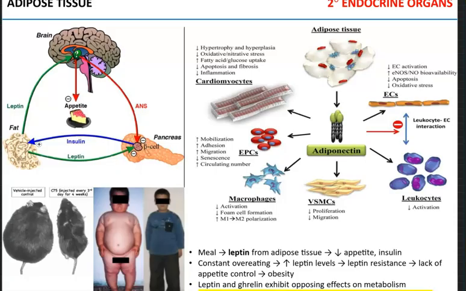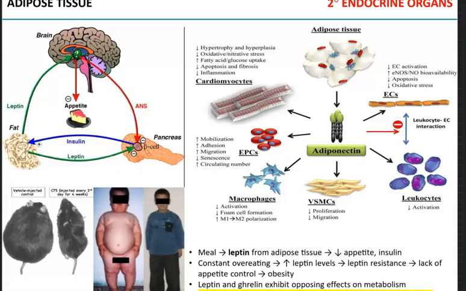It's weird in many ways from a hormone standpoint, but it is a hormone. Adiponectin is low in people with metabolic disorders, type 2 diabetes or obesity.